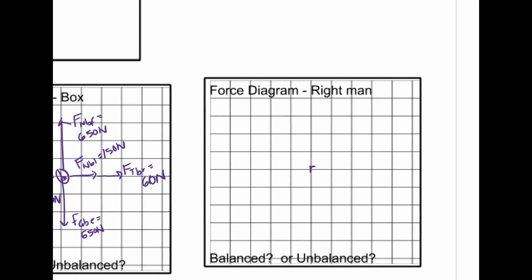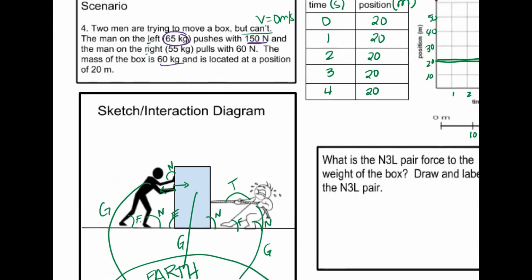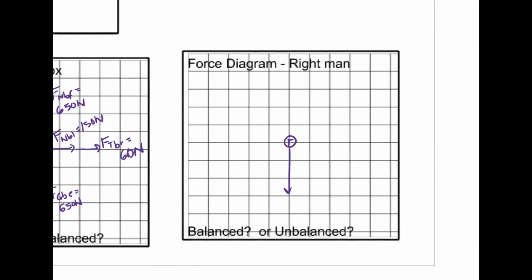So we have the right man who weighs 55 kilograms, I believe. Let's double check. Yes, 55 kilograms. So force of gravity on the right man with the Earth happening at 550 newtons. And we have a normal force on the right man with the floor happening also at 550 newtons.